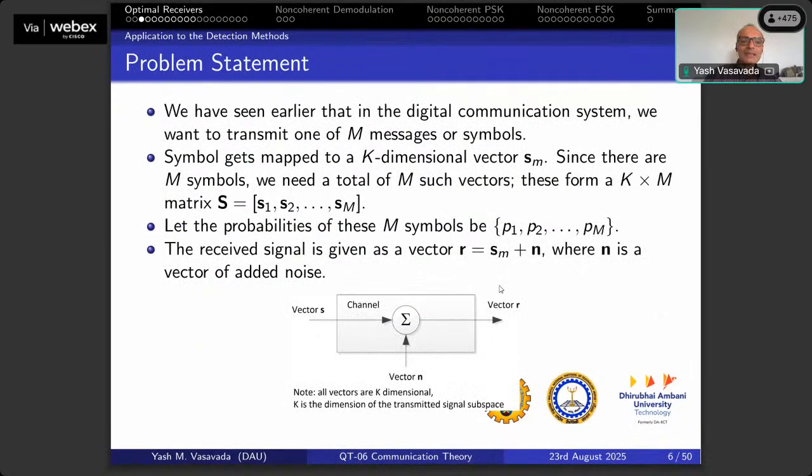And we have seen that in general, the detection problem in the context of a communication signal can be written using this simple diagram where, at the receiver, we get a vector R of symbol coordinates. And using that, we have to determine what the transmitted vector S could have been.